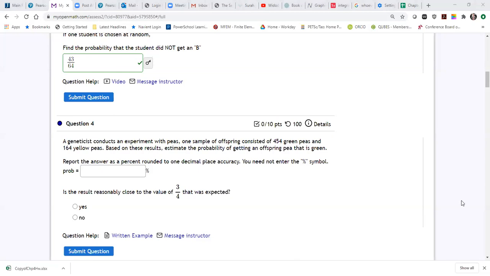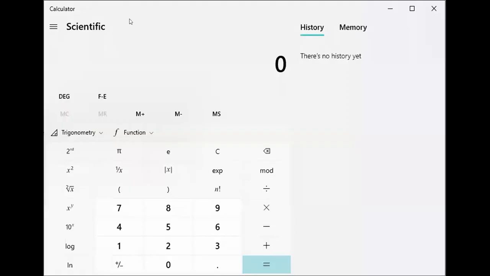Let me set the calculator first. You're looking for the probability of getting an offspring P that is green.